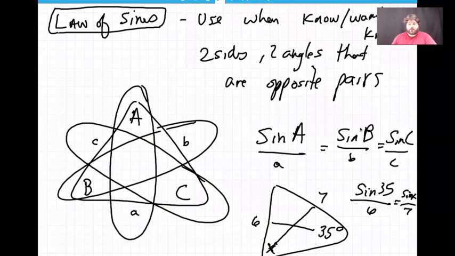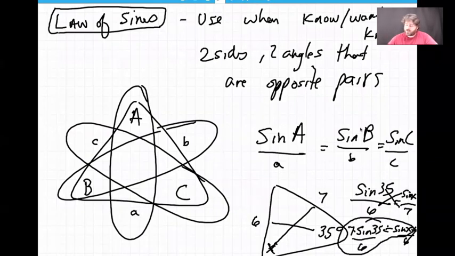Now, sine of 35 you can use your calculator for. All you got to do then is cross multiply, and you get that 7 times the sine of 35 equals the sine of x times 6. So we divide out the 6, and the sine of x is this. So if you used inverse sine to kill off the sine, you'd have x.